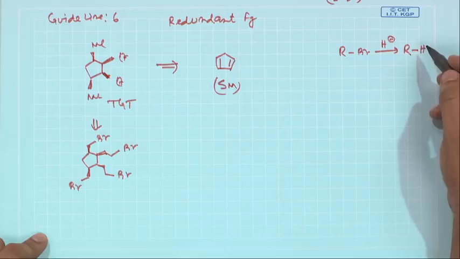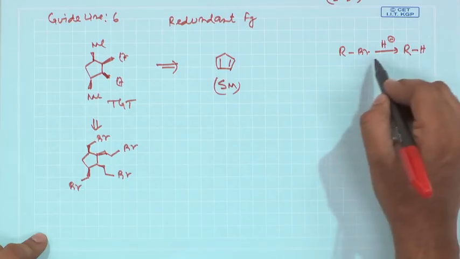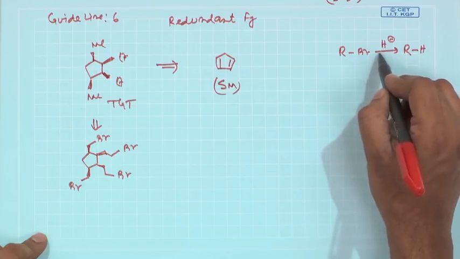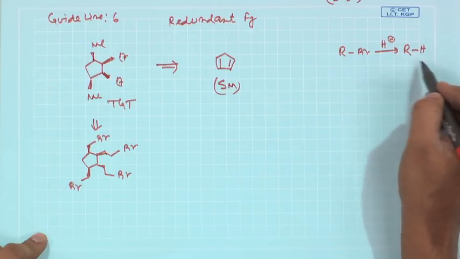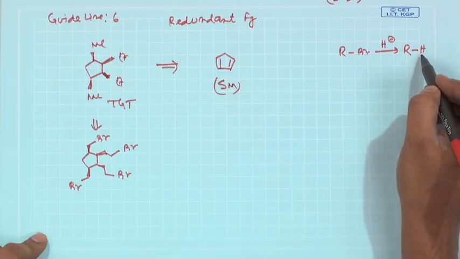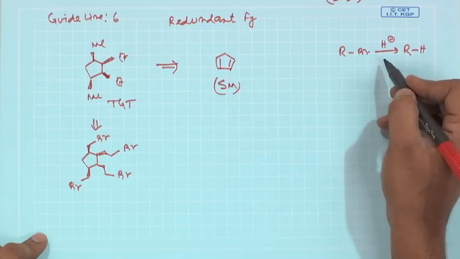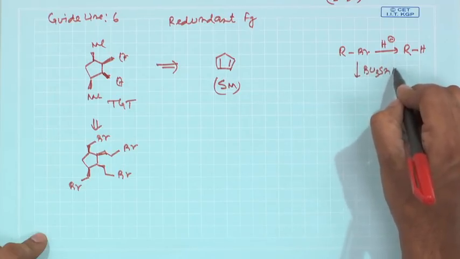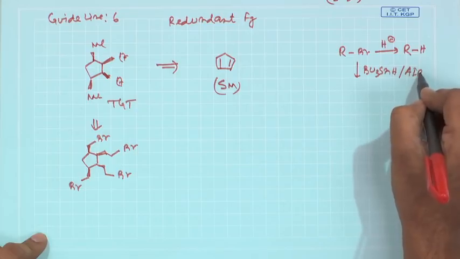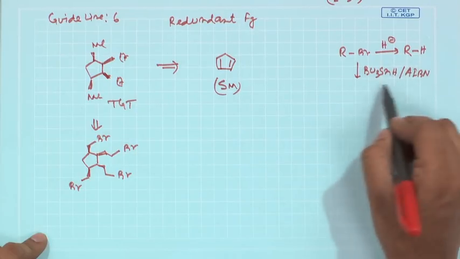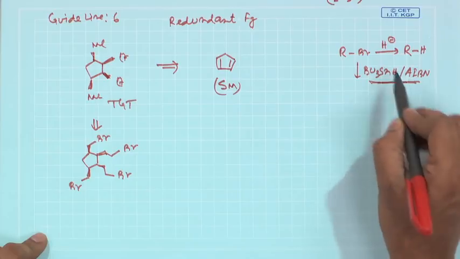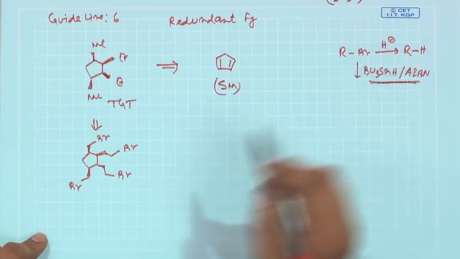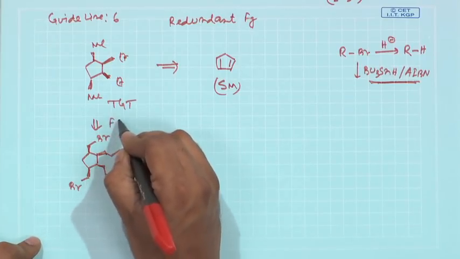You already discussed this, or if not, just remember that if you react an alkyl halide with lithium aluminum hydride, you can get the corresponding hydrocarbon. Also you can use a radical mediated reaction with Bu3SnH and AIBN, which is also quite possible. We will explain this reaction a little later, but first remember any hydride source will work here to give you the hydrocarbon. So, this is basically FGI.